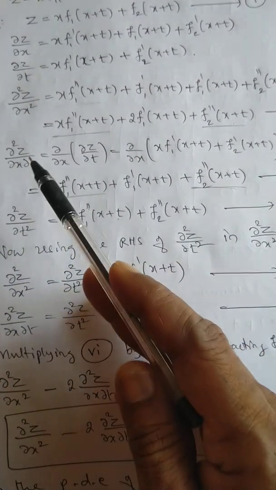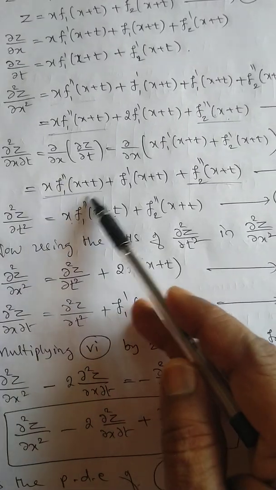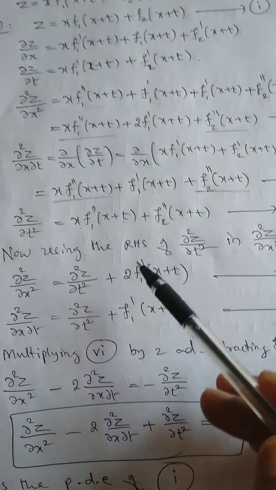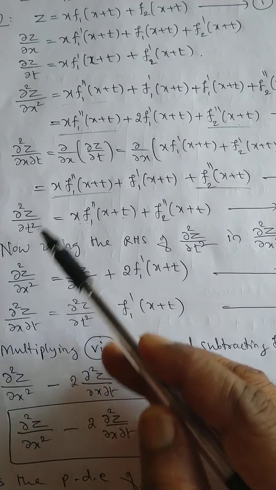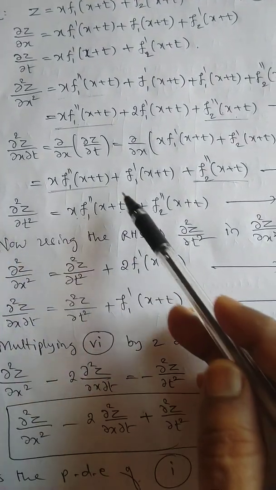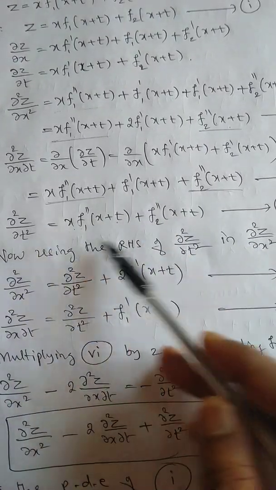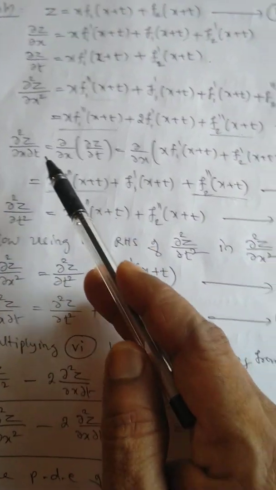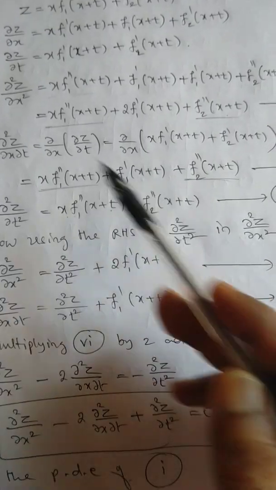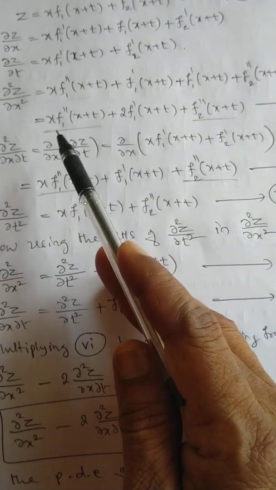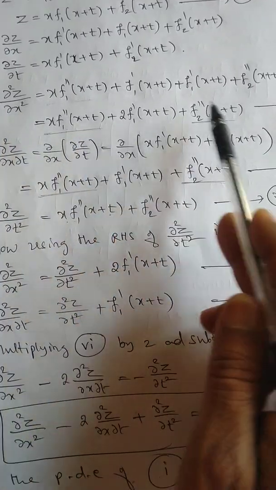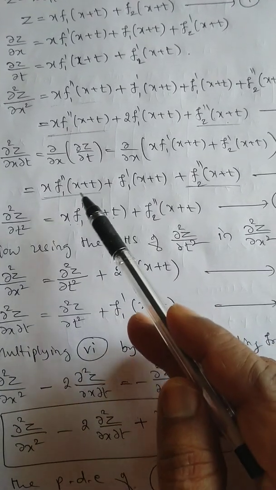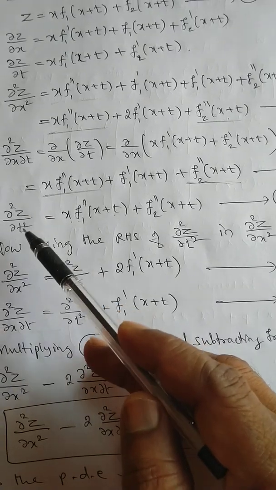And in ∂²z/∂x∂t, the first term and last term, these two terms are the terms of ∂²z/∂t². So we use these terms in ∂²z/∂x² and ∂²z/∂x∂t. The first and last terms of ∂²z/∂x² give ∂²z/∂t², and in this also the first and last terms give ∂²z/∂t².